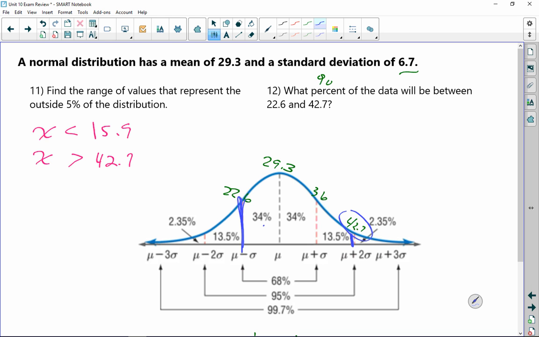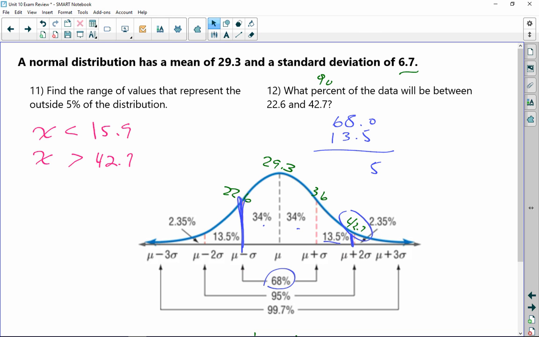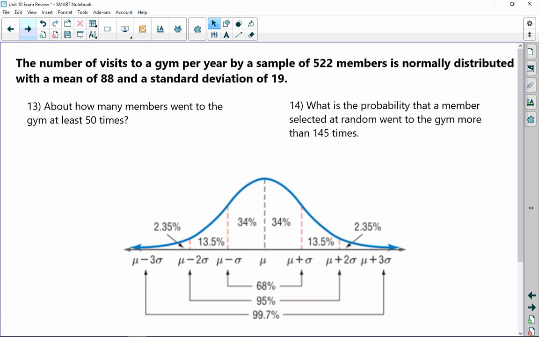So basically 30.34 is 68. And then add the 13.5. Whatever that is. Okay?